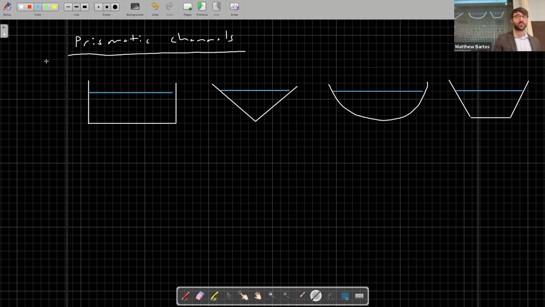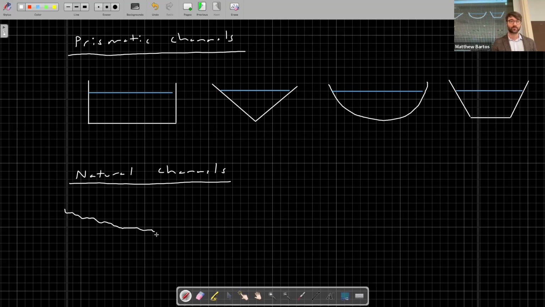In addition to prismatic channels, we also have natural channels. And these are characterized by irregular hydraulic geometries. So a common shape you might see for a natural channel might look something like this. You'll have some kind of floodplain region.